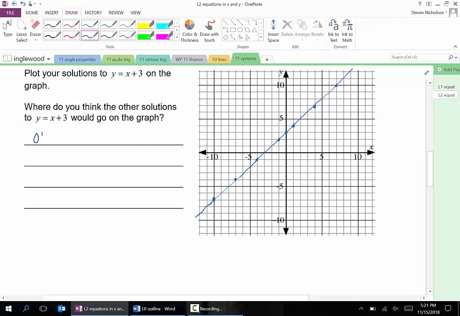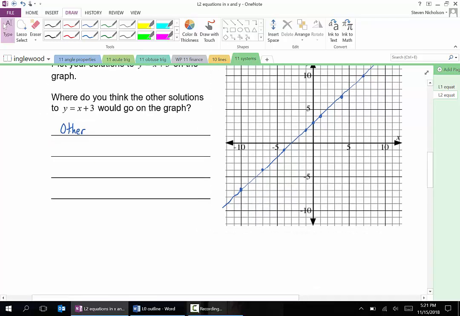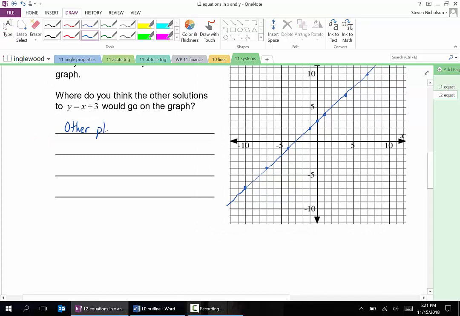So where do you think the other solutions of this would be on the graph? Well, all of those other infinite amount of answers would be other places that line up with the ones we've done already. So for example, if I picked -2, 1, or -3, 0, or 2, 5, all of those places would make that equation true, and they would line up.